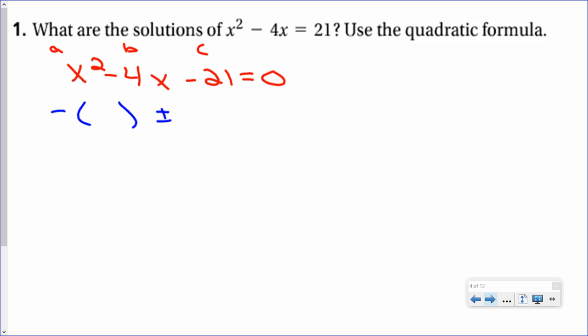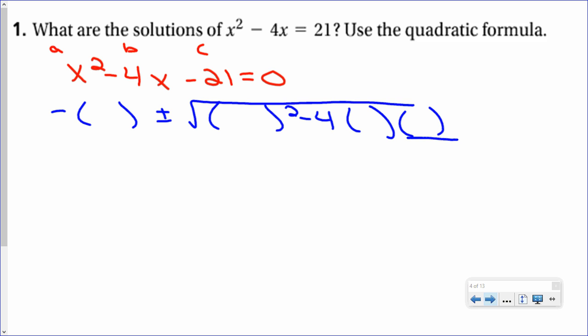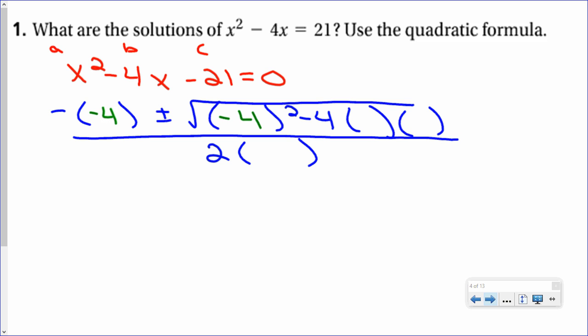Minus b plus or minus square root of b squared minus 4ac all over 2a. All right. Okay, your b value is negative 4. A value is 1. And c is negative 21.